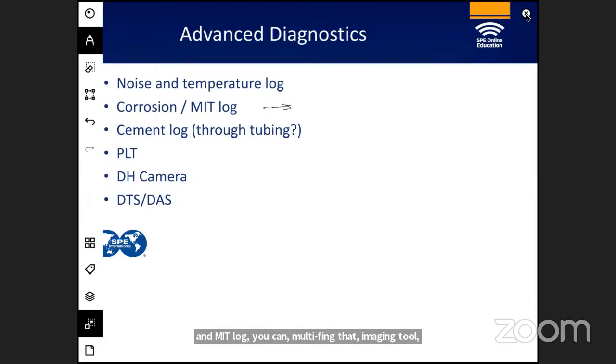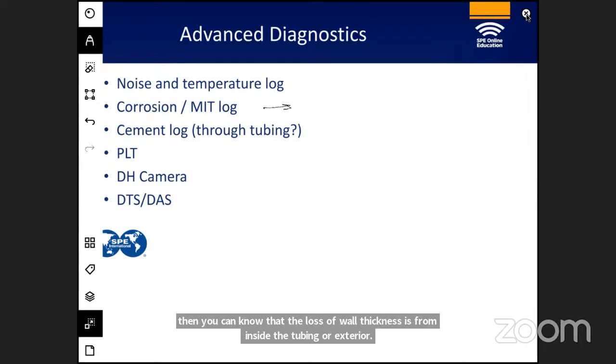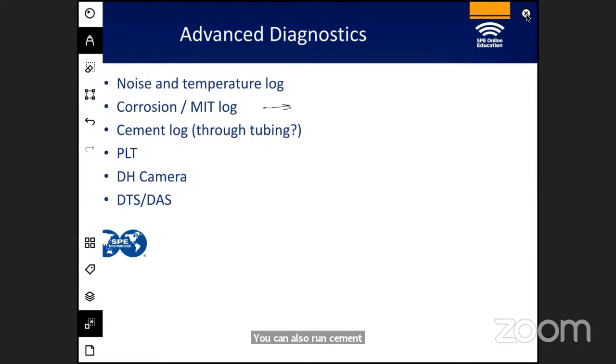You can also run cement log, but when we have a tubing, then it is not possible as of now, but there is a technology being developed to run through-tubing cement log, which is very promising and coming in future. Cement log could be another.